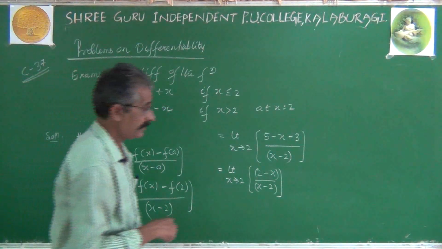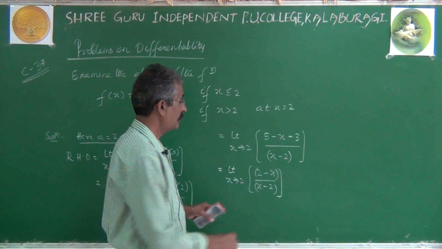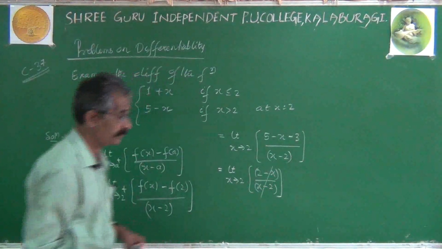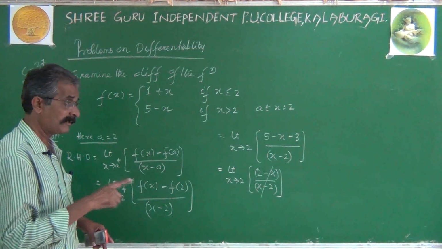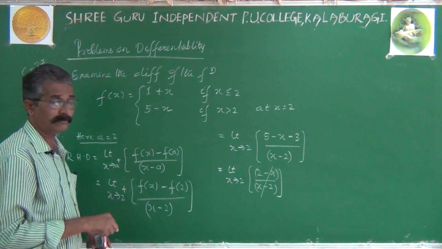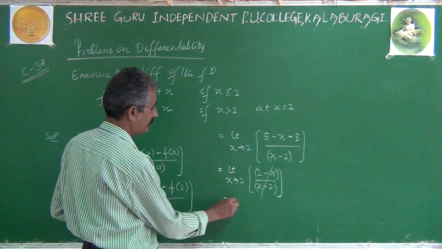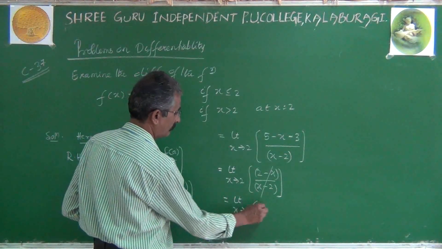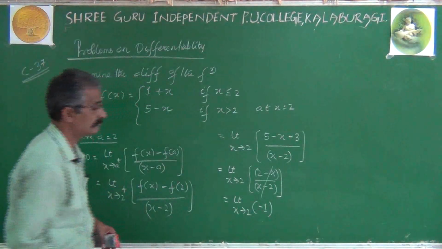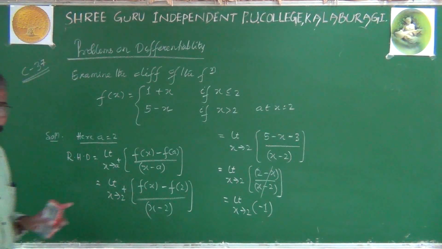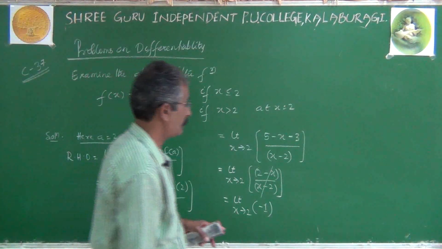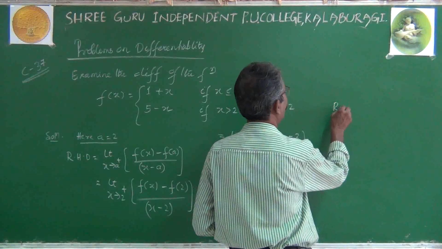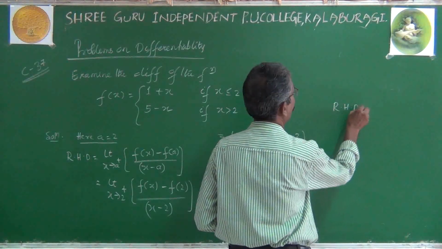However, 2 minus x means minus of x minus 2, hence x minus 2 can be cancelled after leaving an additional minus sign, that is the limit as x extends to 2 of minus 1. But the limit of a constant is constant, so RHD equals minus 1.